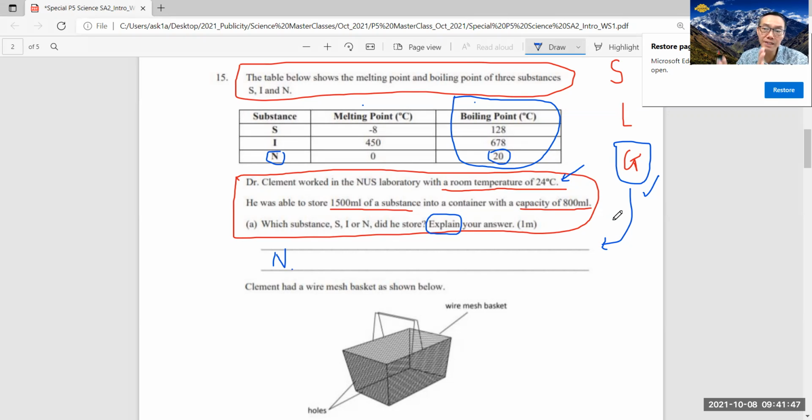You must also explain how he can squeeze this 1,500 into 800. So you must mention that gas does not have a definite volume. Therefore, 1,500 ml of N can be compressed into a container with 800 ml capacity.